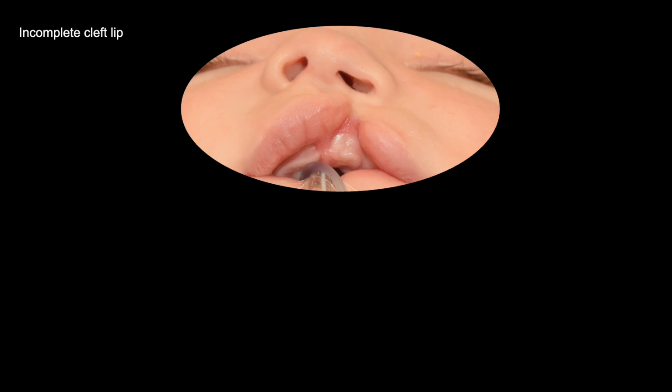For example, if you look at this patient with an incomplete cleft lip, there is no alveolar defect and no bony defect. Or is there? The subnasale, the midpoint of the columella, is deviated away from the midline of the face.